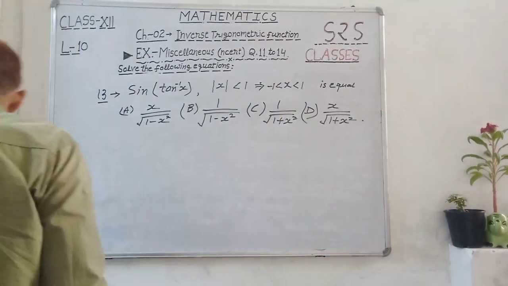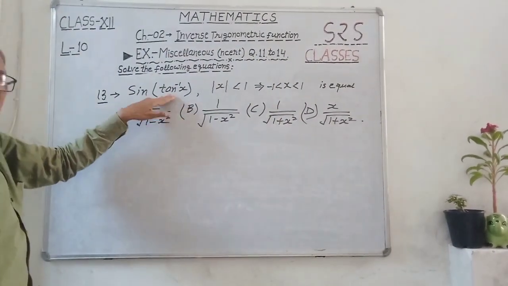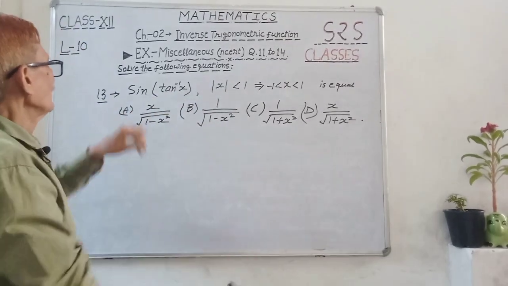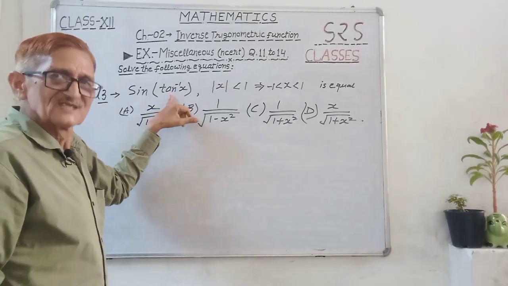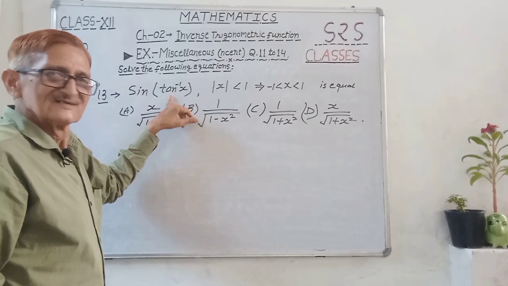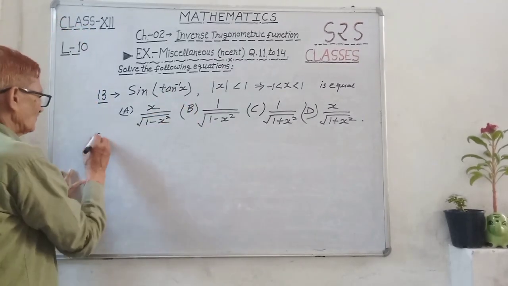Yes, now this value is equal to this. So we have to simplify it. Outside sine, inside must be sine inverse. So tan inverse x is to be converted into sin inverse. Take it like that.